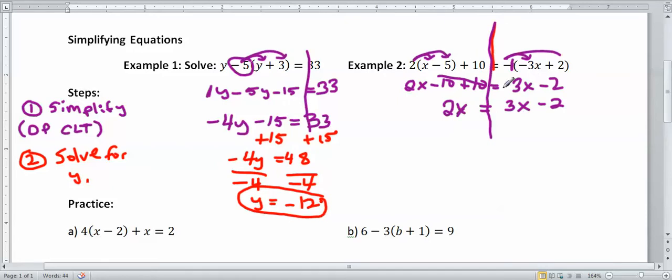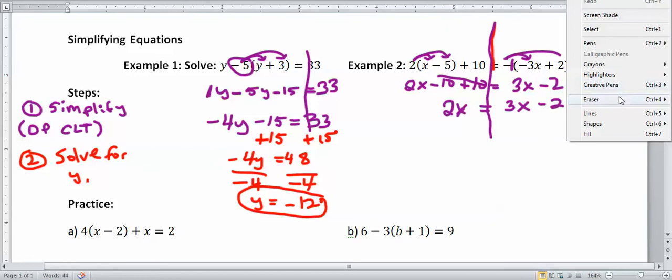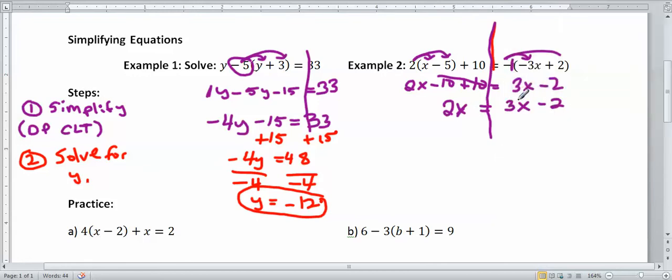Now we can switch over to solving. Second step, I'm going to solve for x. Switch back to red. To get x by itself, first of all, I have to remove the x from one side. Because this x is over here by itself, I don't want to remove that one. It would be easier to remove the 3x from this side since there's a 2 over here.